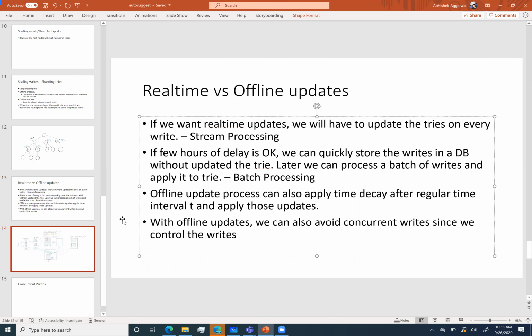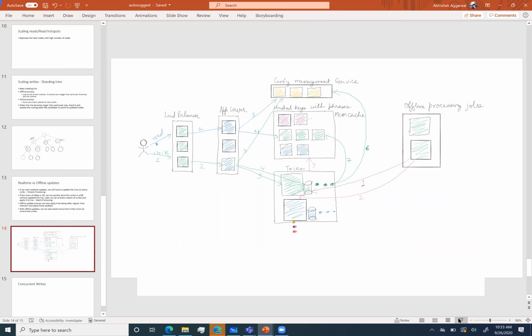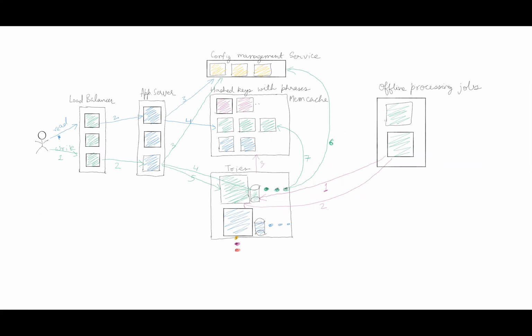Okay, so let's now quickly look at the high-level design of the system, and then let's discuss more. Let's say a user makes a read request.